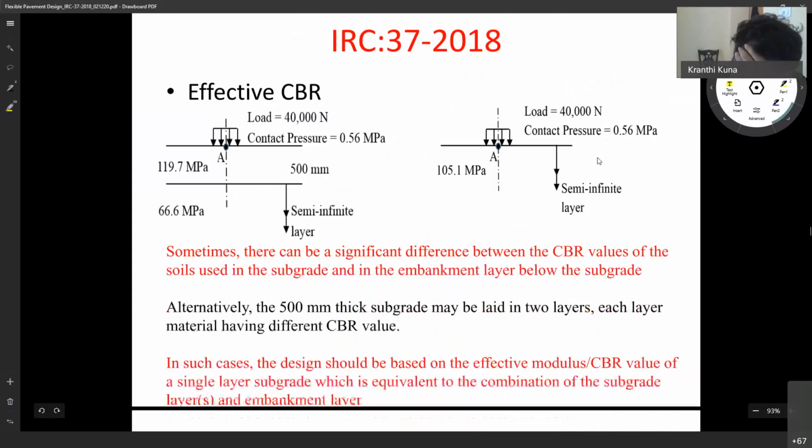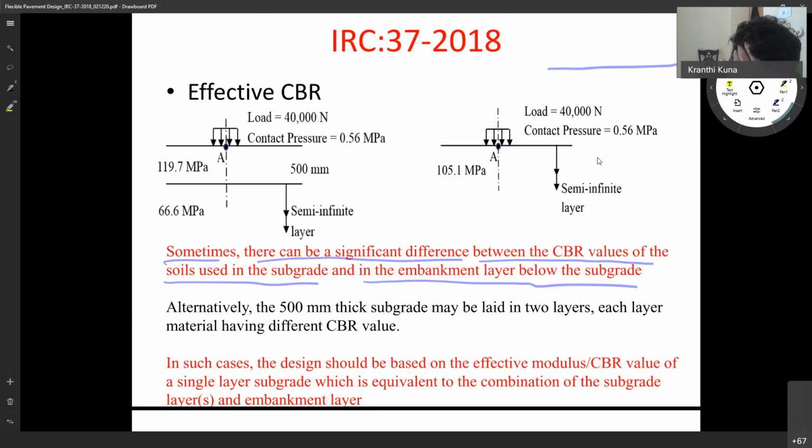So this is what I was trying to say. Sometimes there can be a significant difference between the CBR value of the soils used in the subgrade and in the embankment layer below the subgrade. Say for example you have an embankment with CBR of 8%, and you borrowed some material and constructed a subgrade on top of this with CBR of 20%.